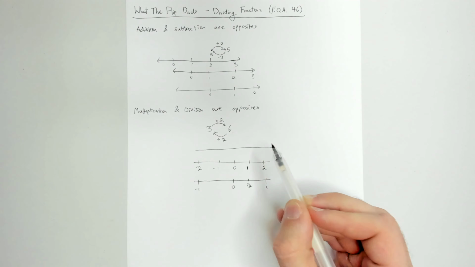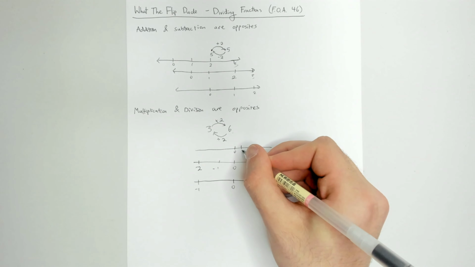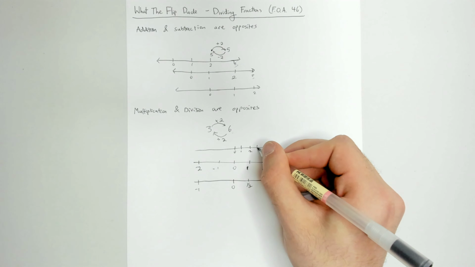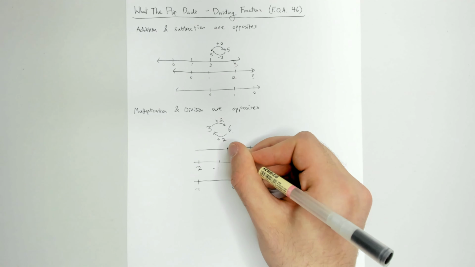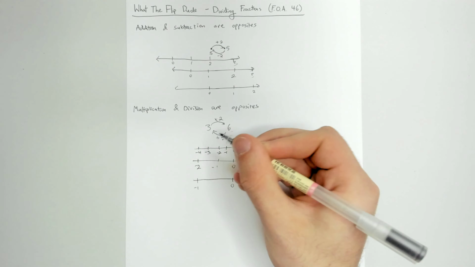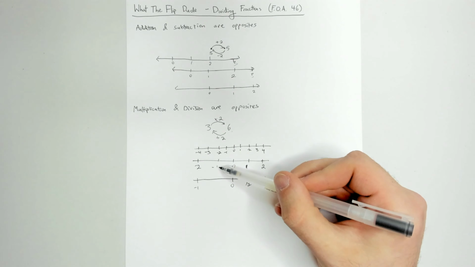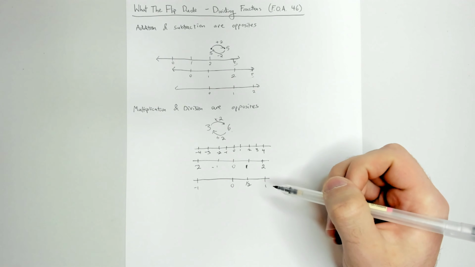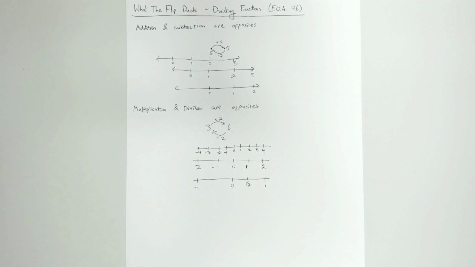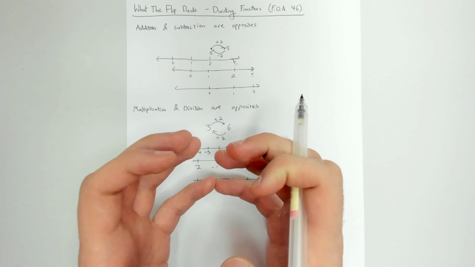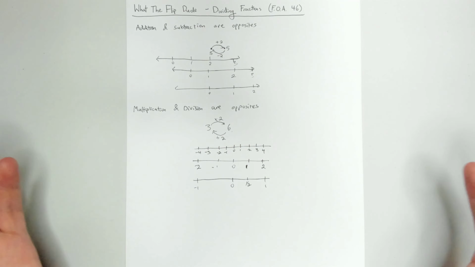Or we could compress the number line, right? So we could make all the distances between these gaps 2 times smaller if we're dividing by 2, right? So we get that negative 2 divided by 2 is negative 1, or 4 divided by 2 is 2, and so on and so forth. So we see that multiplication and division corresponded to the same type of action, kind of this pulling or pushing, just in different directions.